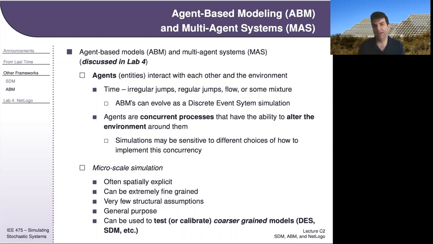So it's more common that you simulate a tiny little fraction of time and you move everybody independently in that tiny fraction of time, and then see if two agents that weren't interacting are now interacting, and then run their interaction rules. That's the more common way to do it, but you can implement them with the irregular jumps that we're becoming familiar with in discrete event system simulations.